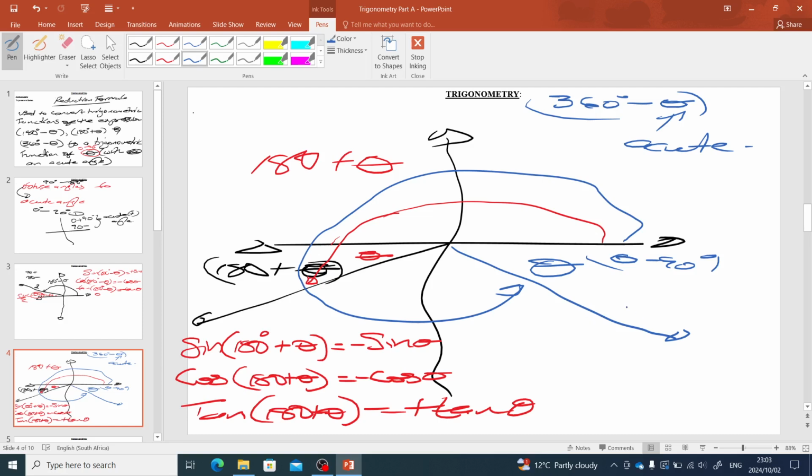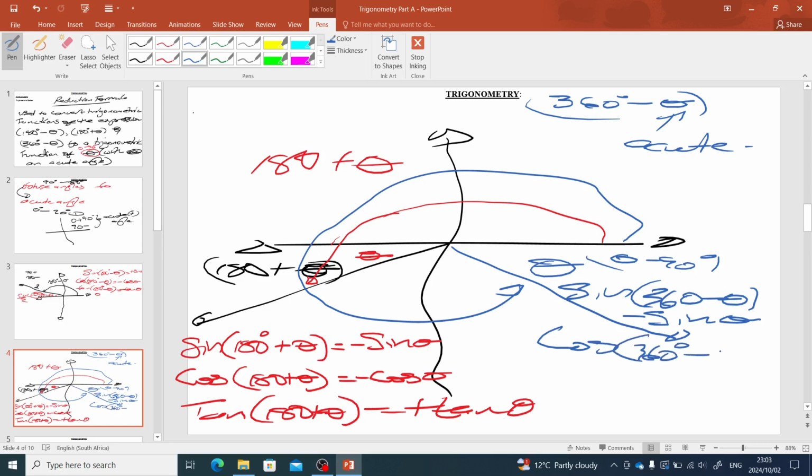It means if we are dealing with sine here, it will be sine of 360 degrees minus theta. Then we know that sine has to be negative, so we are going to have negative sine theta. If it is cos, we know that cos of 360 degrees minus theta, cos here would be positive.